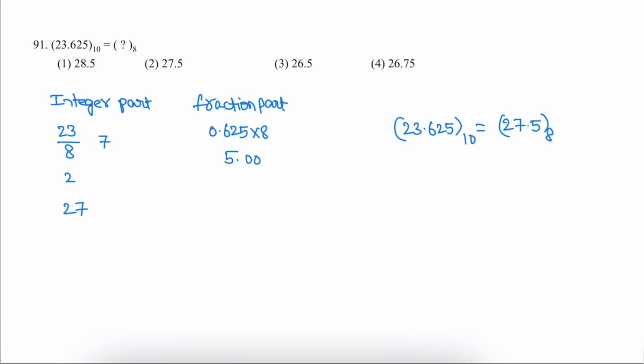So the integer part is successive division and the fractional part is successive multiplication. For the integer part, quotient is 2, remainder is 7. For the fractional part, its value is 5.000. Hence the conversion value is 27.5. The correct option is 2.